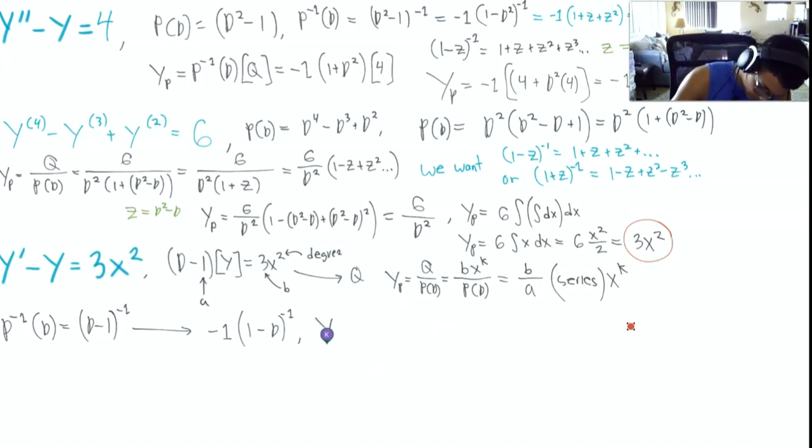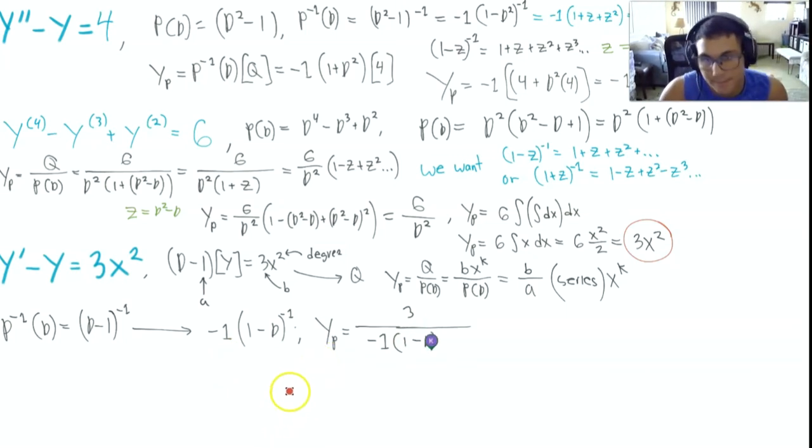So yp is equal to, look at that. What's b? B is 3. So it's 3 and negative 1 here. I know this looks ugly right now. 3 and it's 1 minus d.